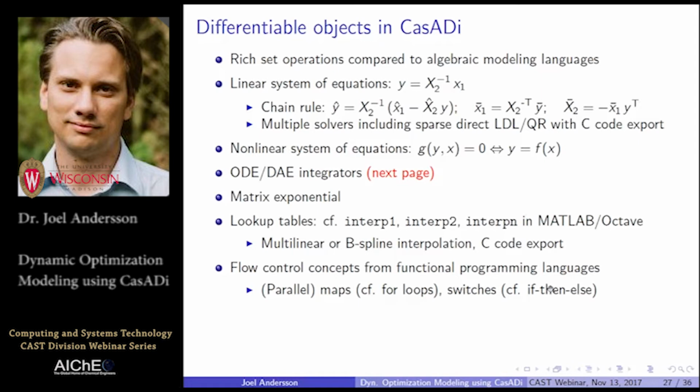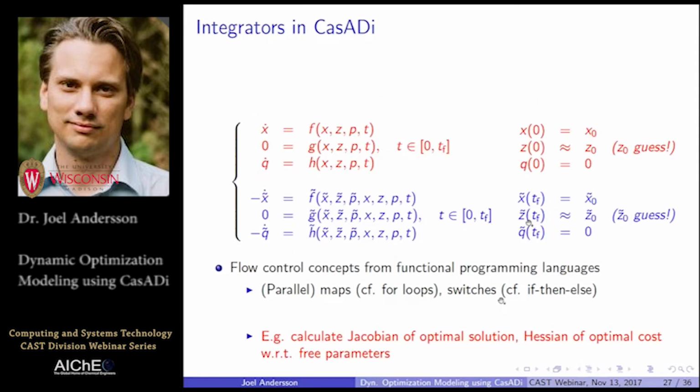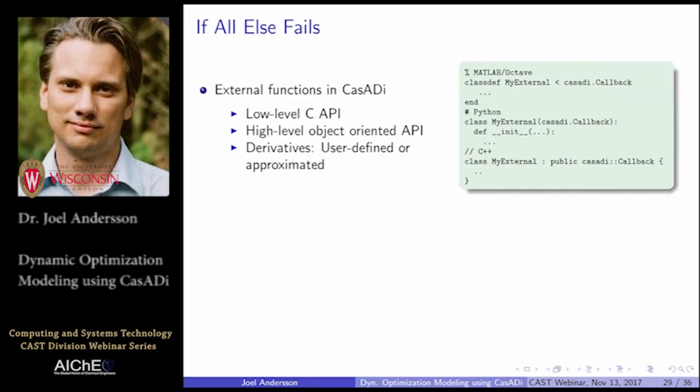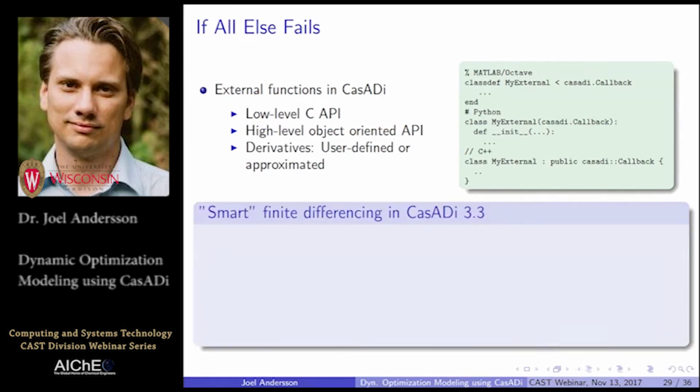The main problem with external functions is what to do with derivatives. One way, of course, is to force a user to write all the derivatives. But it's a tedious and error-prone thing to do.